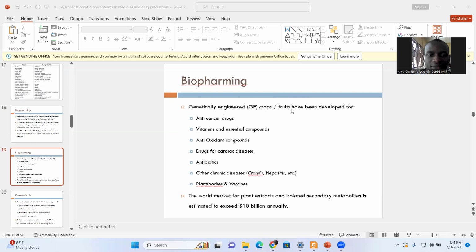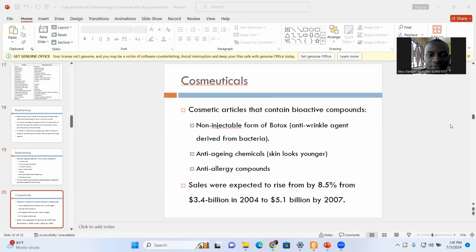Genetically engineered crops or fruits have been developed for anti-cancer drugs, vitamins, and essential antioxidant compounds, plus or minus antibiotics, and so on. Cosmeceuticals. Basically, biotechnology has infiltrated almost every aspect of life.